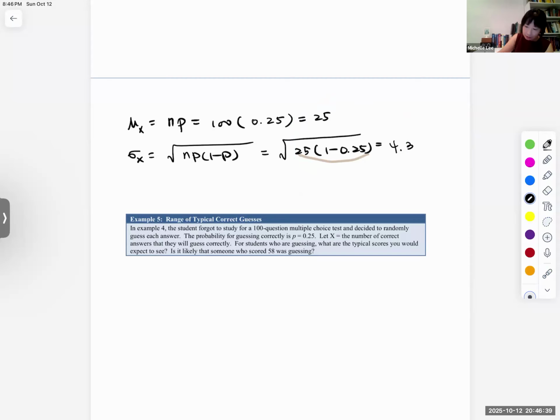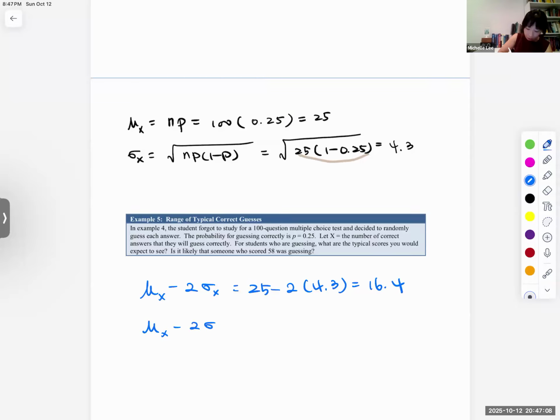So mu sub x minus 2 times sigma sub x: mu is 25, minus 2 times sigma sub x, which is 4.3. Can you calculate? It's 16.4.